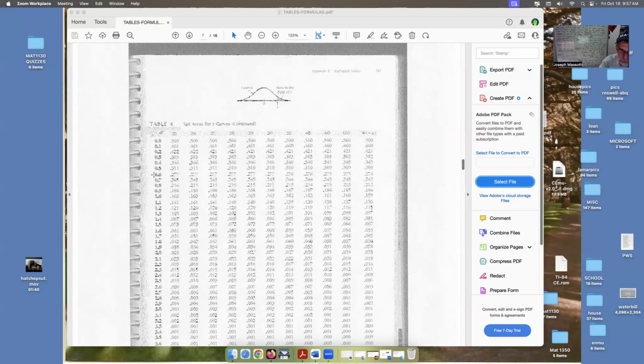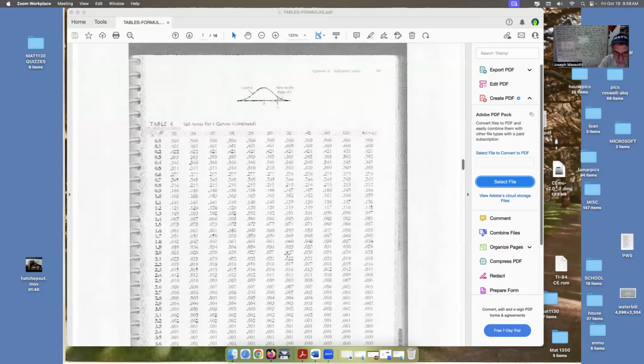We're going to go to 2.5 in the left-hand column over to 40 degrees of freedom, and we see that number 0.008. These numbers are a little faded. If you can find a better table, again, please let me know. There are other t tables, but you have to read them, and I think they're much more difficult than this table.